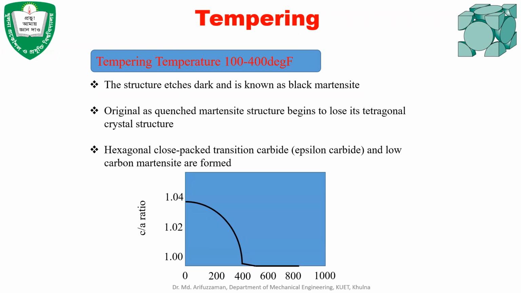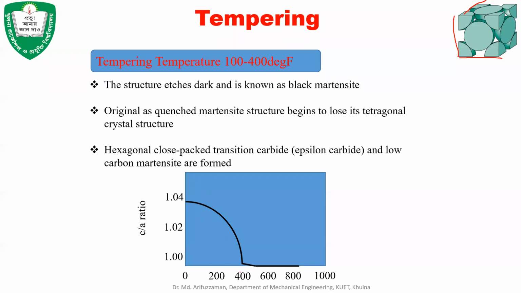And the c/a ratio is the ratio of the unit cell dimensions. For example, if I show you here, consider this is the unit cell: this is side A, this is side B, and side C is usually longer in the case of martensite.